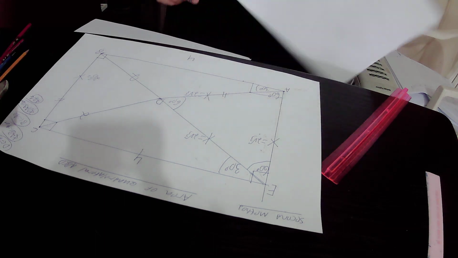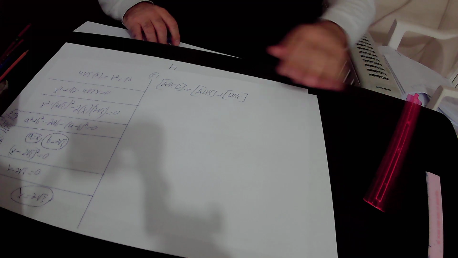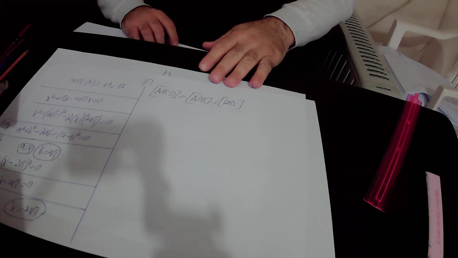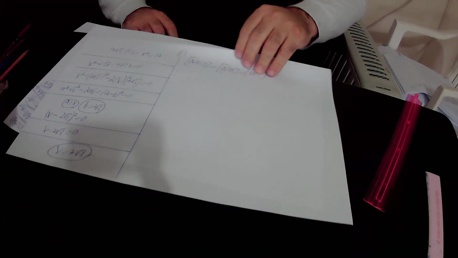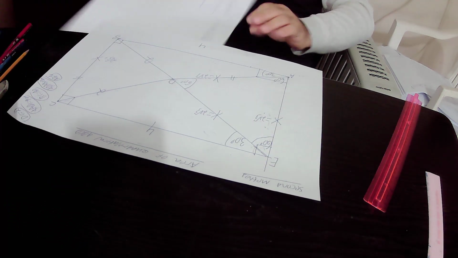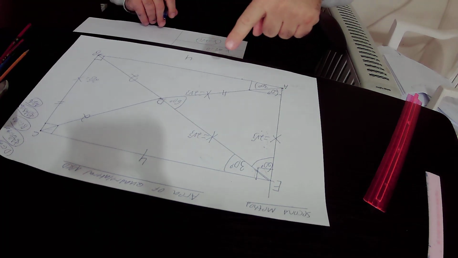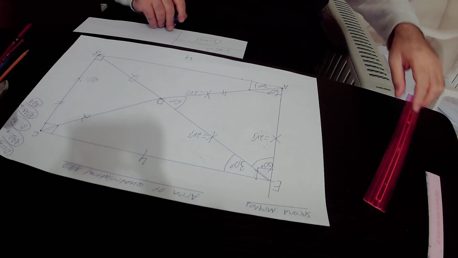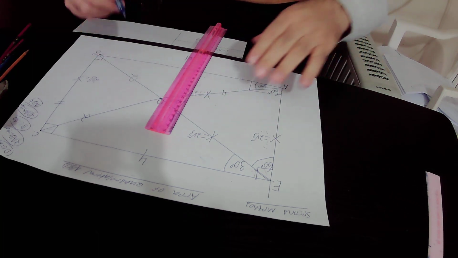I repeat again. The area of quadrilateral ABCD will be equal to the area of triangle ADB plus the area of triangle DBC. In order to find out the area of triangle ADB, we will draw a perpendicular from point D to AB.